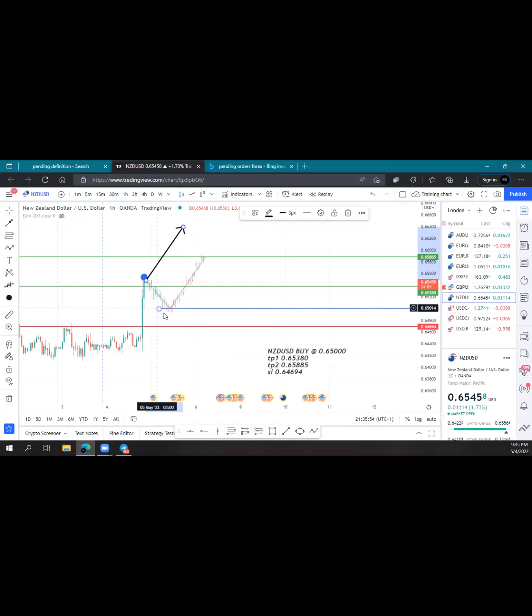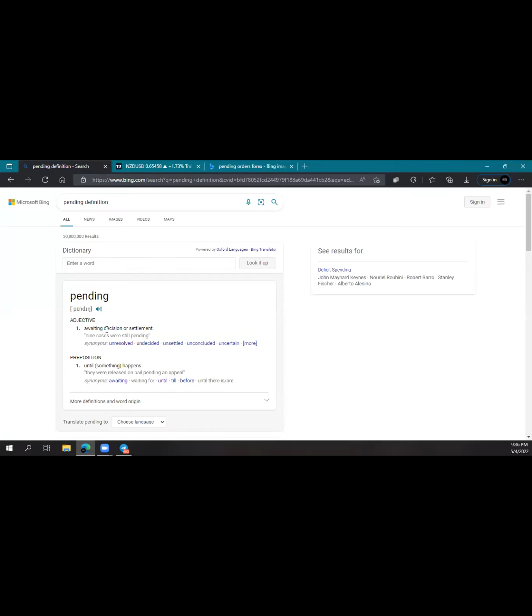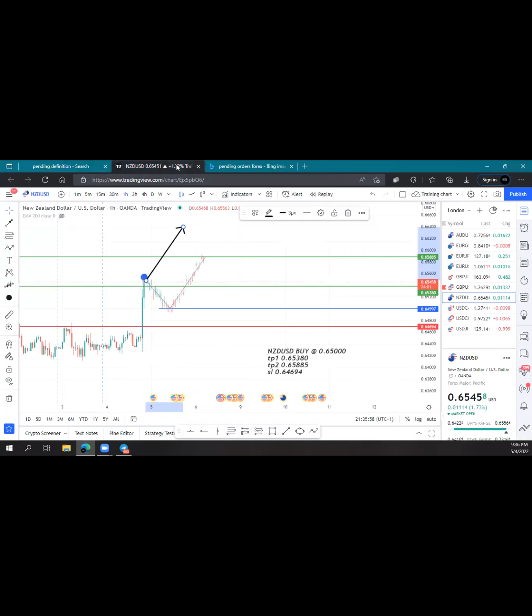Remember, buy limit is what? You're awaiting. What's the definition? Awaiting decision. It doesn't tell you, oh, let me take a sell now. You're still awaiting decision. So don't make that mistake. If it's a buy limit, even if the market is supposed to come down before going up, there is no reason you should enter a sell.